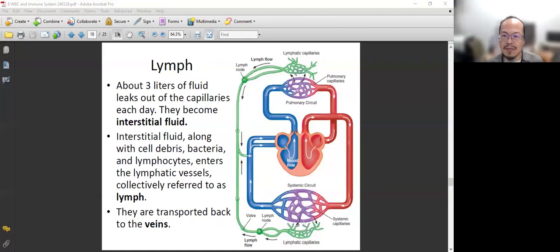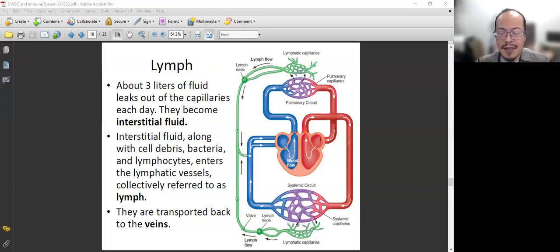Process it and maybe recycle it, but basically you guide it away, and that's a sewage system, and our body does have that sewage system. That's the lymphatic vessel. This lymphatic vessel makes it a perfect system to survey our bodies for our body's immune surveillance.